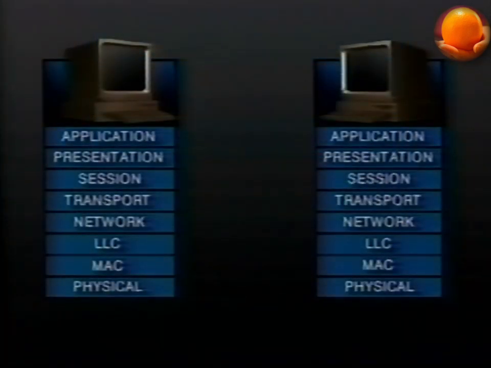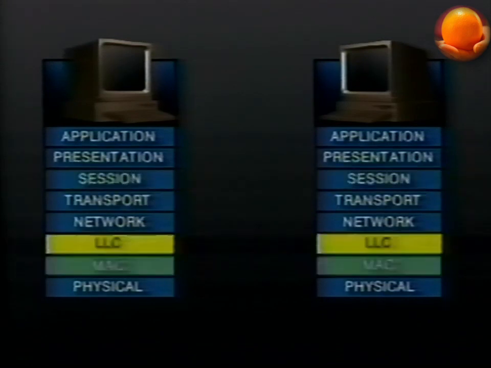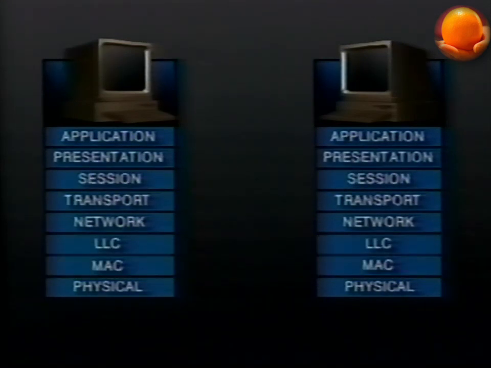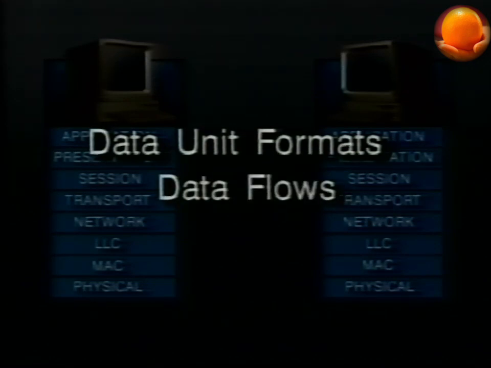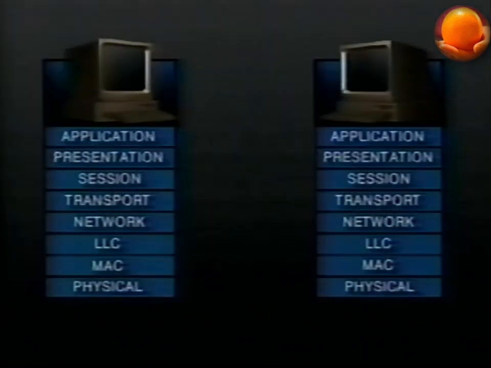Peer-to-peer protocols operate at each level of the architecture. A peer-to-peer protocol defines two things: the formats of the data units that are exchanged at a particular level of the architecture, and the data flows that take place in exchanging those data units.